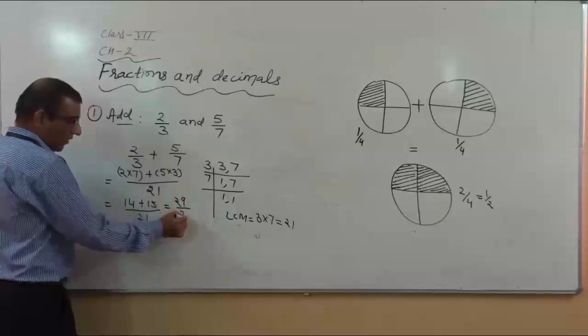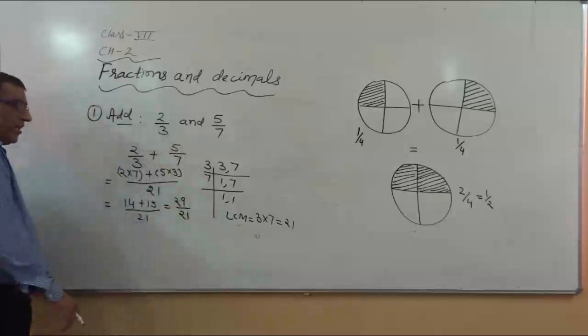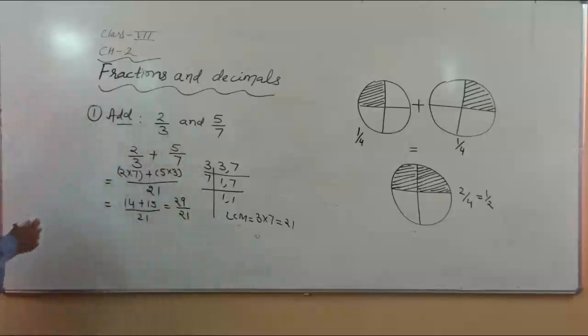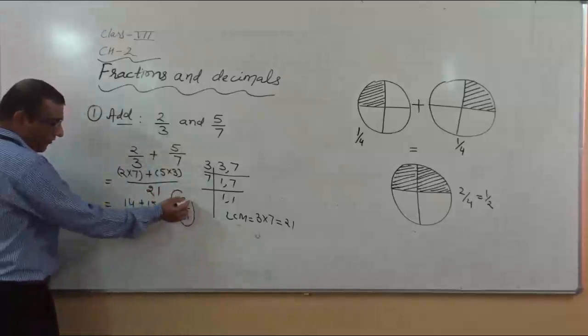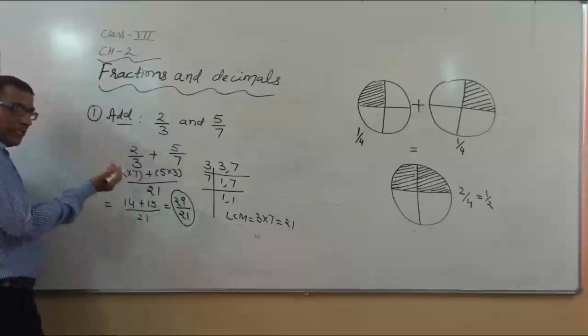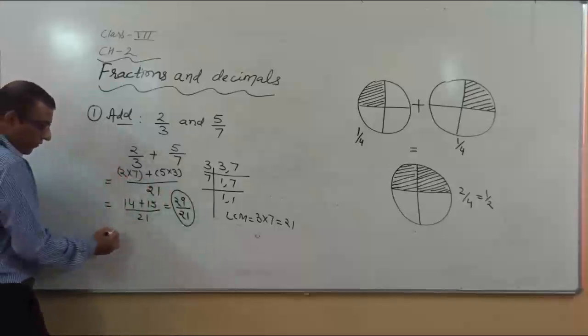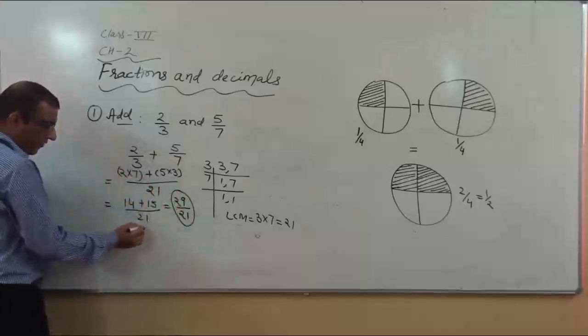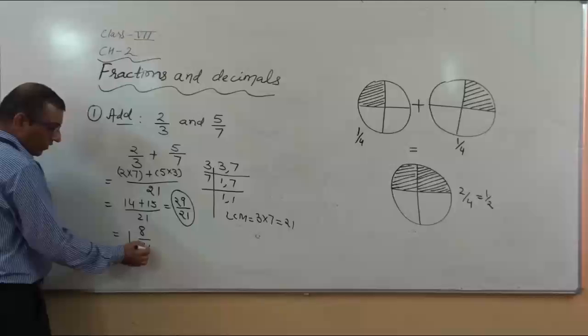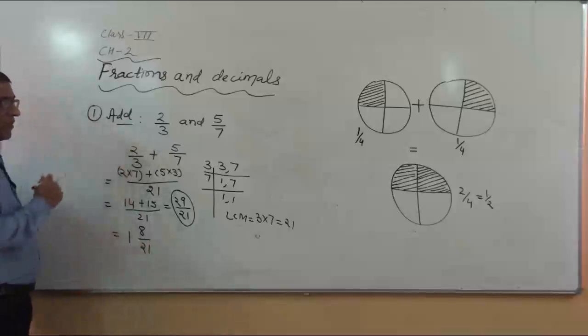Definitely we can see here the numerator is greater than the denominator, so it is an improper fraction. If you want to convert this to a mixed fraction, it is possible because it is an improper fraction. We divide 29 by 21, and you will get 1 and 8 upon 21. So this is the concept of addition.